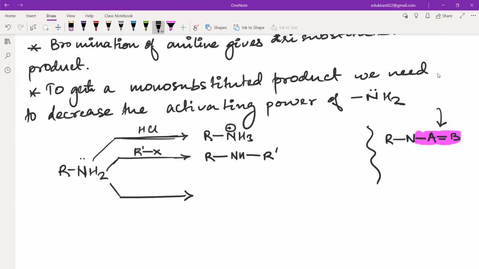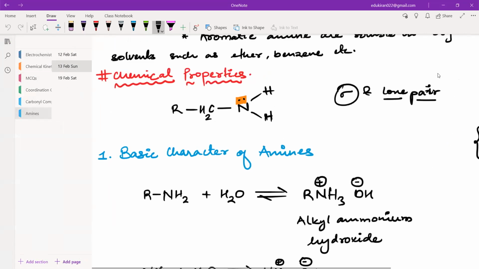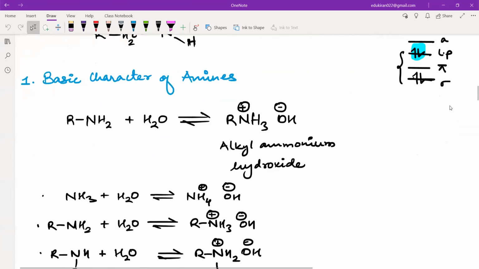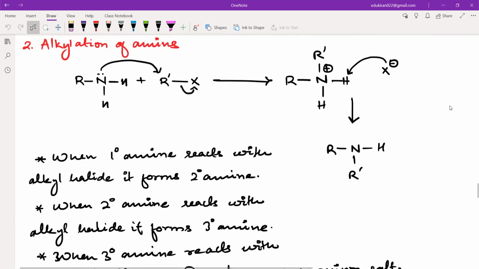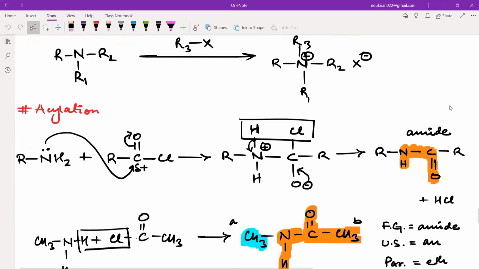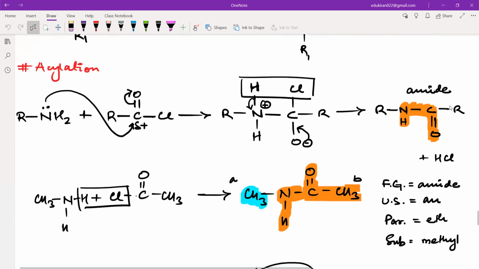Oh my God, what happened? Reagent नहीं पढ़ने आ रहा आपको? You don't know this reagent?